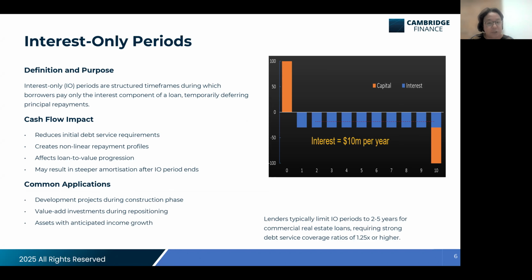However, from a lender's perspective, there's still a big risk there because there is no reduction in capital. So if you borrow 100 and the value of the building says 150, at the end you're still going to pay the 100. However, we know that sometimes the markets go up and down. For example, you borrow 100 with a value of 150, but then at the end, the value of the building might be 75.